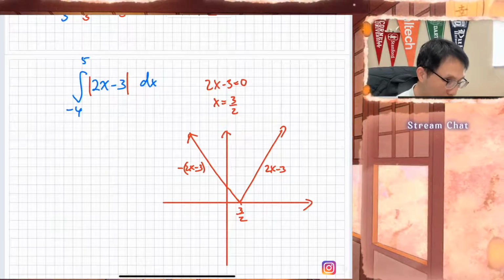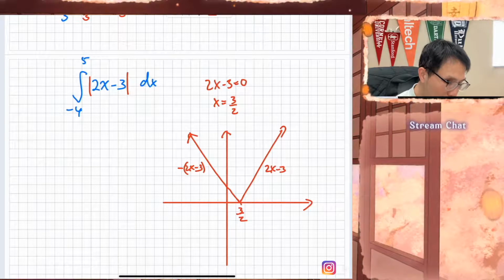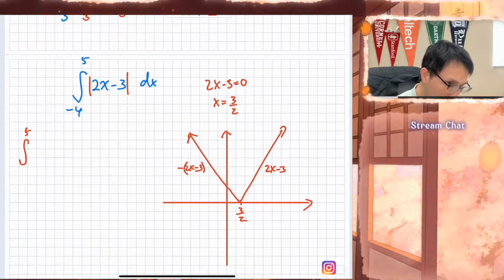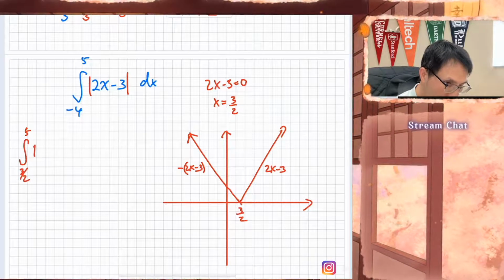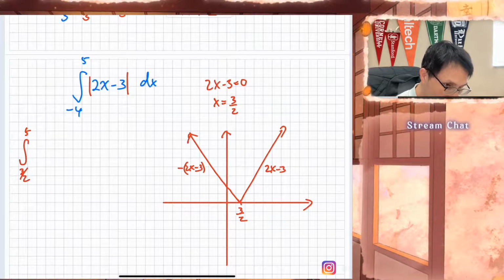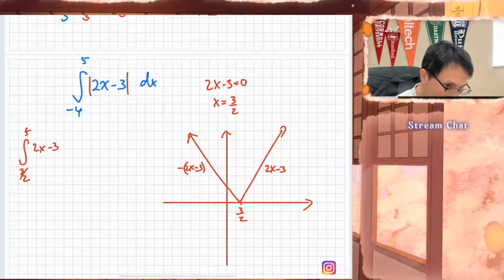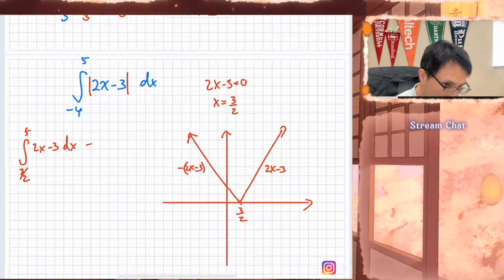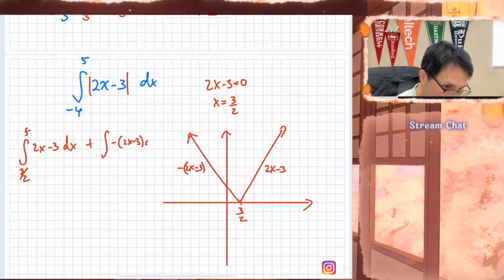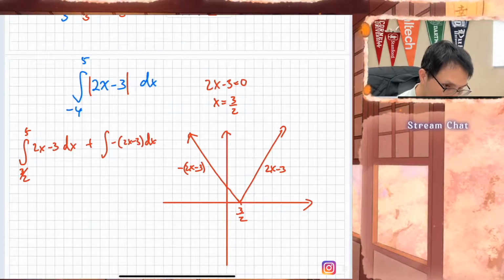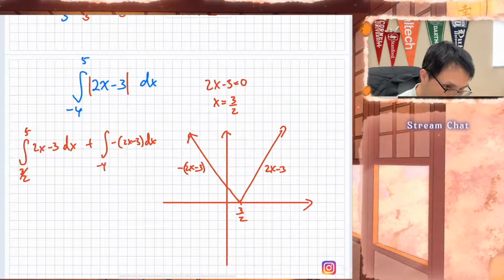So if you're going from 5 to 3/2 of the absolute value, it now changes into a piecewise function, and I'm going to add the negative of 2x minus 3 dx between -4 and 3/2.